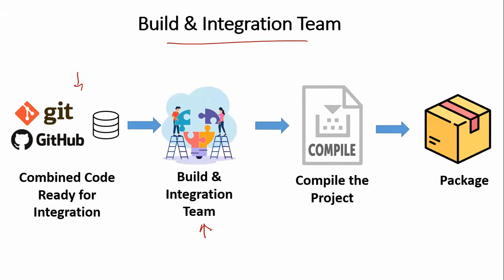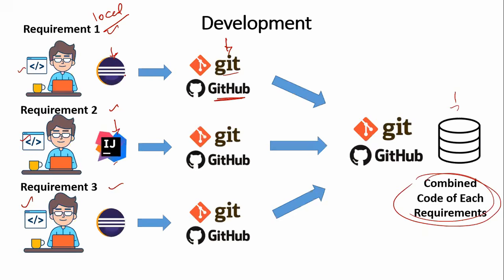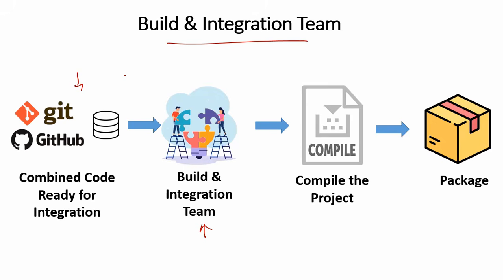So they try to compile the entire project. See here it is very simple, 5 requirements and 3 developers. Sometimes a large-scale development project will have multiple scrum teams, maybe 50 requirements, with 5 development teams, agile teams or scrum teams, whatever it is.